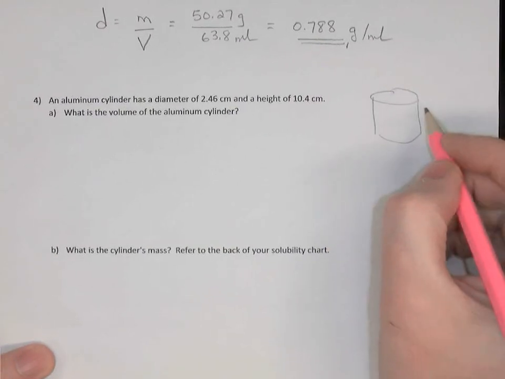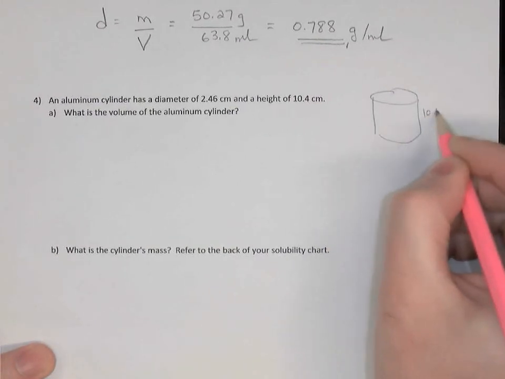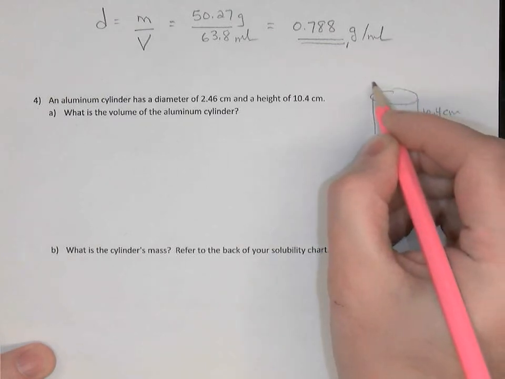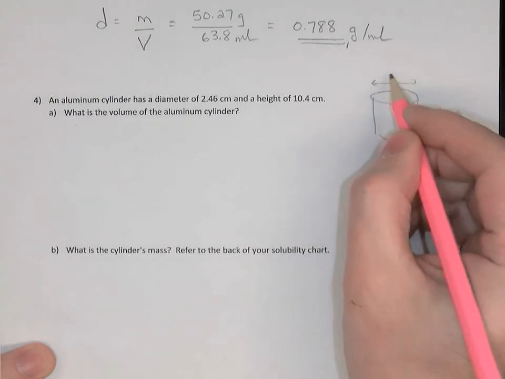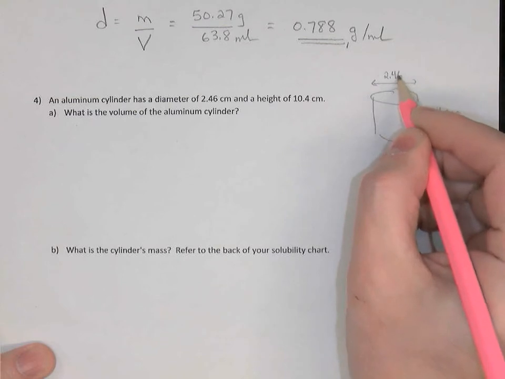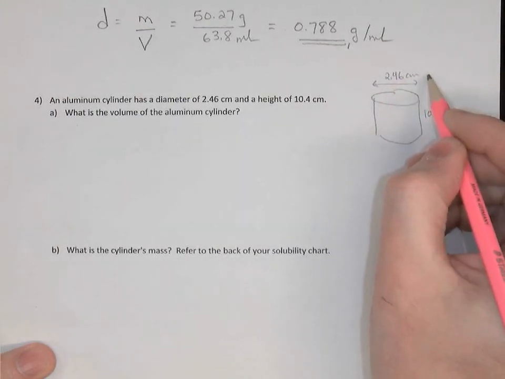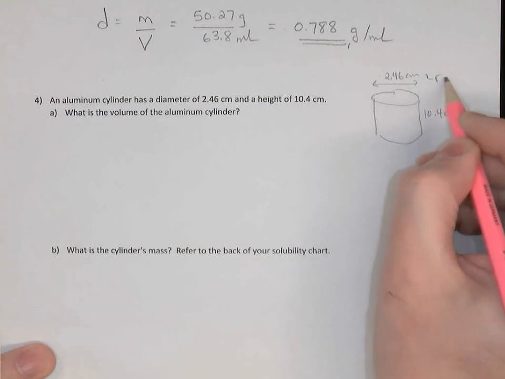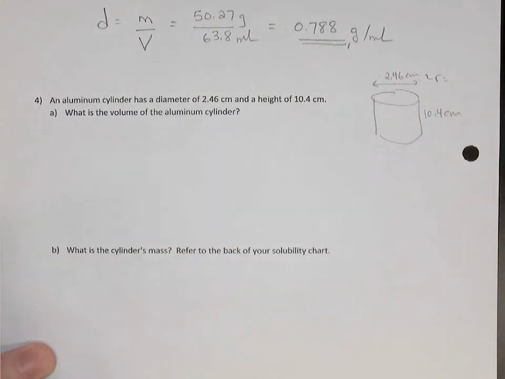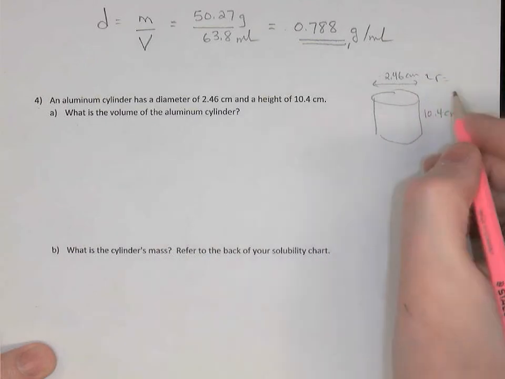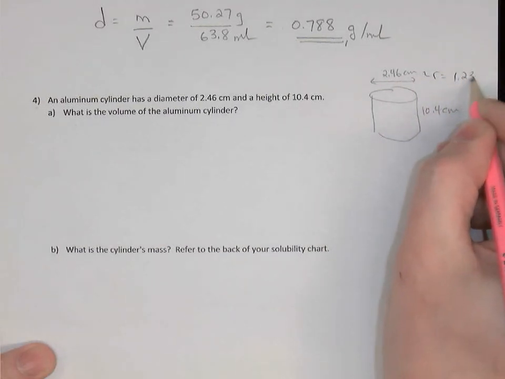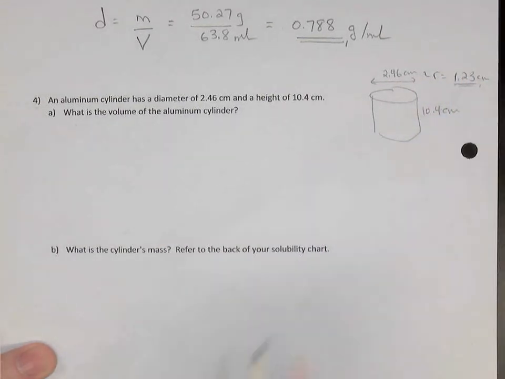You don't have to, but the height was 10.4 centimeters and the diameter was 2.46 centimeters. So the radius would be half of this. So R equals 2.46 divided by 2, 1.23 centimeters.